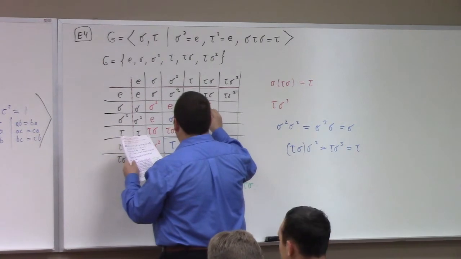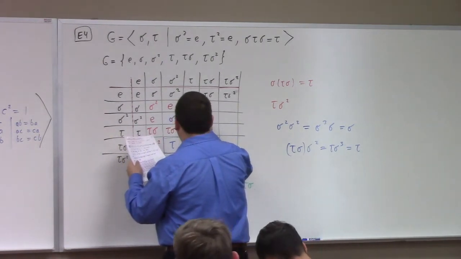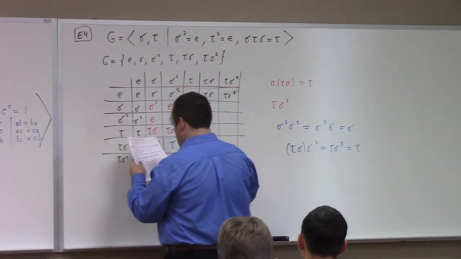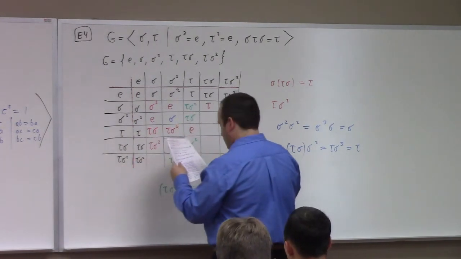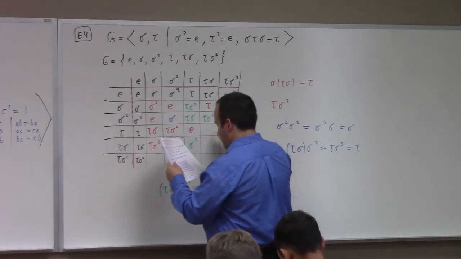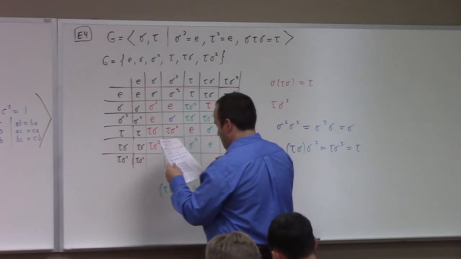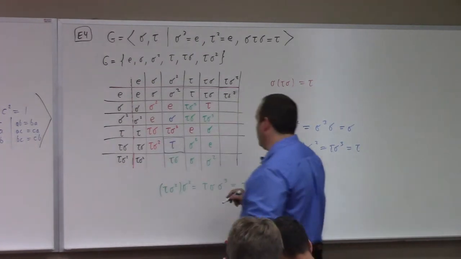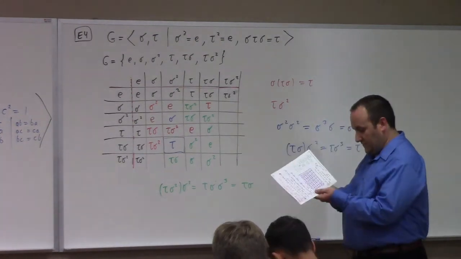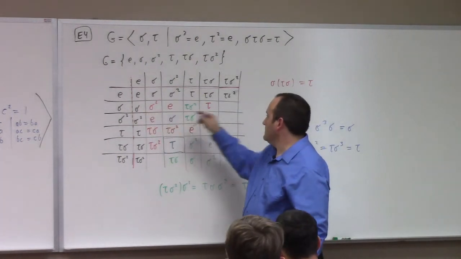Under tau: tau sigma squared, tau sigma, e, sigma squared, sigma. Under tau sigma: tau sigma squared, sigma, e, and sigma squared. So we can complete the last column by process of elimination. What is it? Tau sigma?